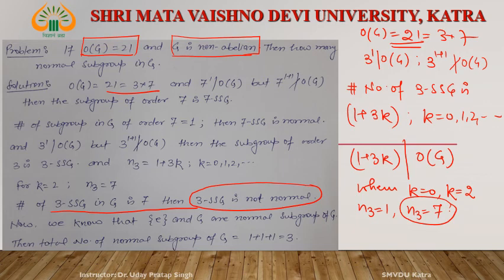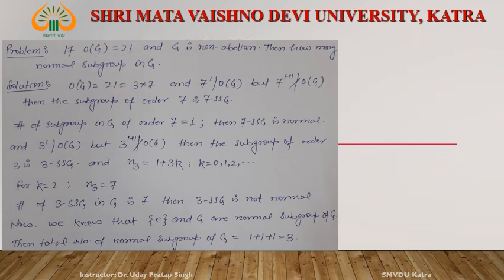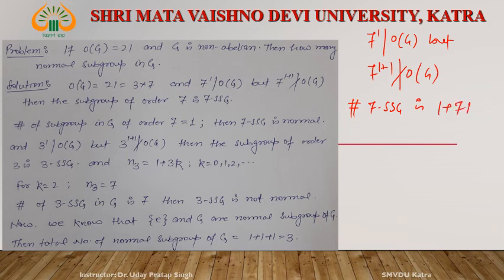Then come to the 7 Sylow subgroup. 7 to the power 1 divides order of G, but 7 to the power 1 plus 1 does not divide order of G. The number of 7 Sylow subgroups is 1 plus 7k, and 1 plus 7k divides order of G, which is 21.